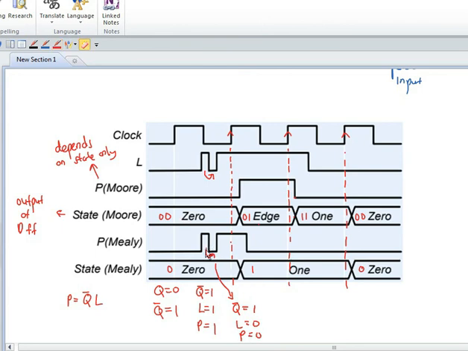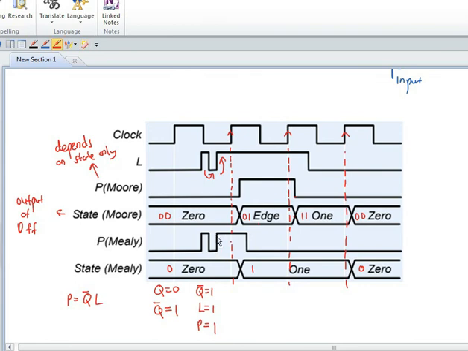So you drop back to 0 immediately, and then you go back up again. So let me erase this. At this point right here, your Q bar is equal to 1, your L is equal to 1, so therefore your P must go to 1 immediately.